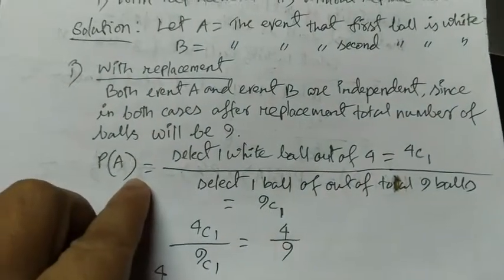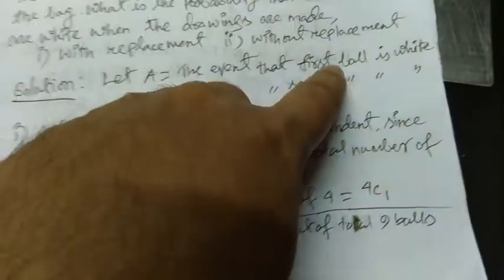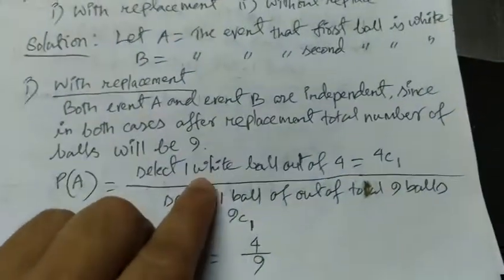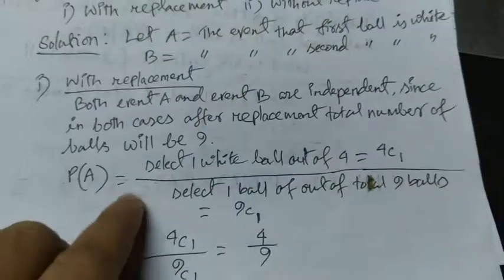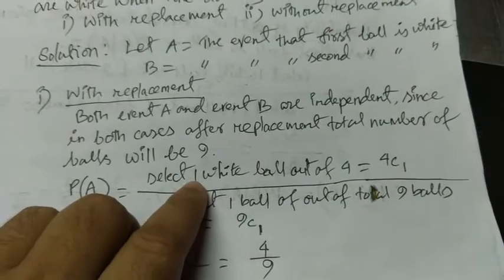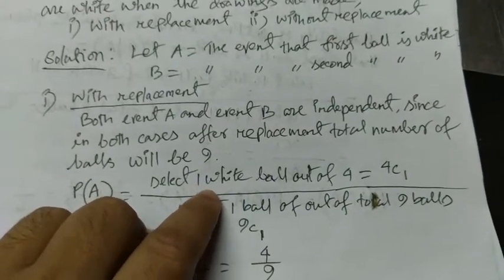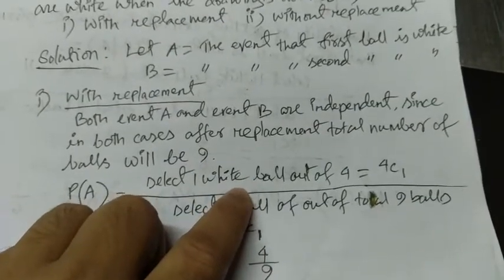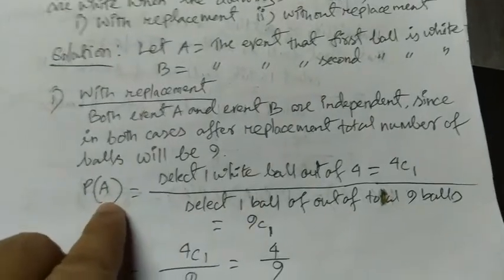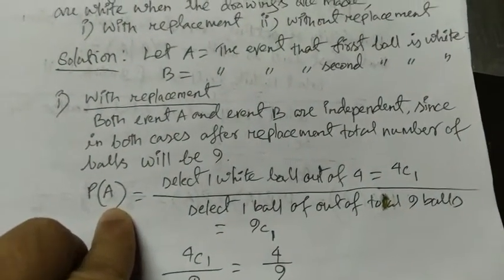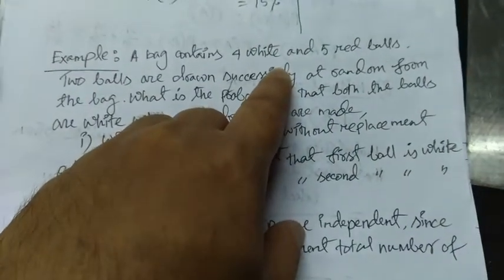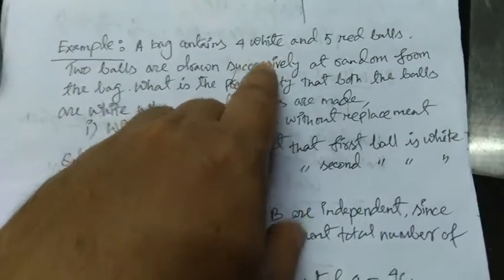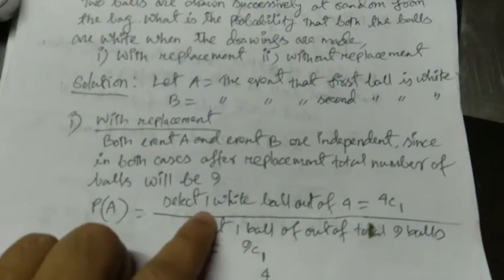So let us see the probability of A, that means the probability that the first ball is white. To find that, in the numerator we need to select 1 white ball, because we are calculating the probability that the first ball is white. Out of 9 balls, among the 4 white balls, we want to get 1 white ball.